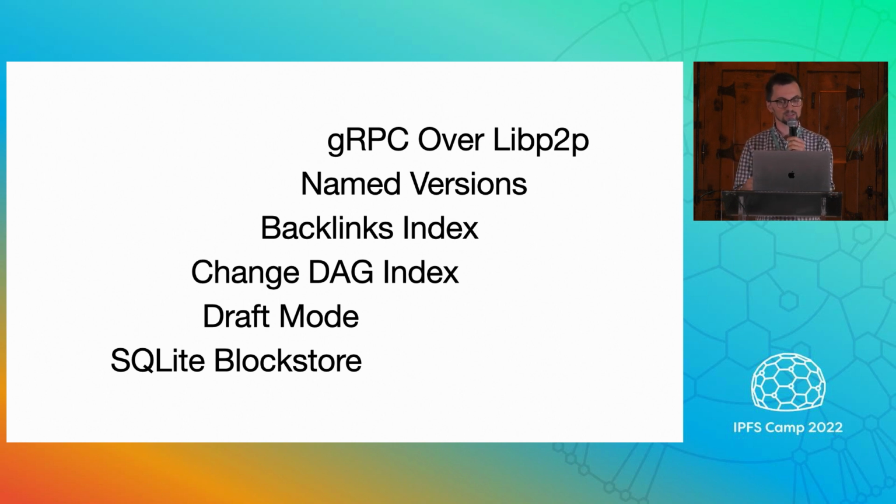We have named versions, which is kind of like a named branch in Git. You give a name to some version of something and then you can keep referring to it by a name. We also do gRPC over libp2p, which I think some projects out there are also doing.